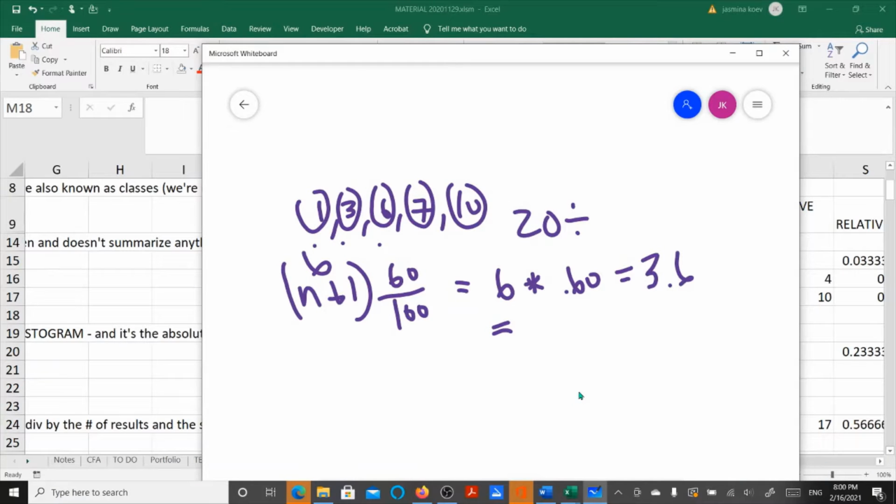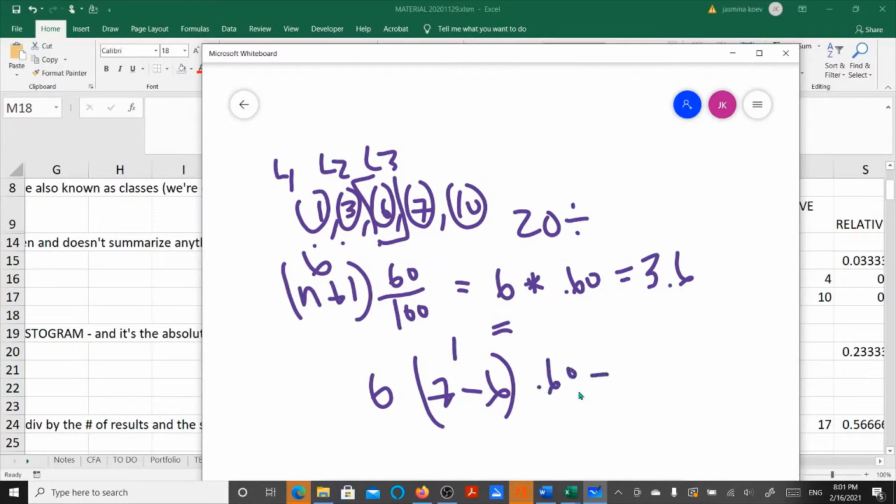So basically what that means is we will go to location 1, location 2, location 3, or our 6 here, and say 6, and then this 0.6, which would be 7 minus 6, or 1, times 0.6 equals 0.6. So we would say 60% of our observations here, let's change this color.